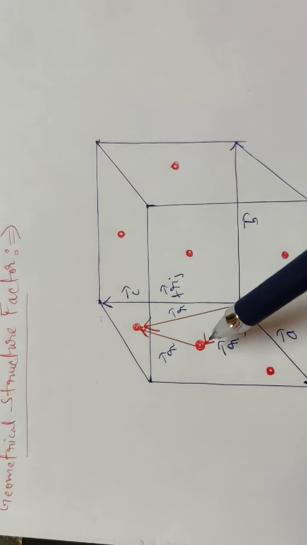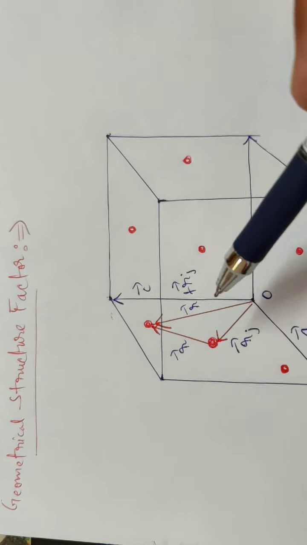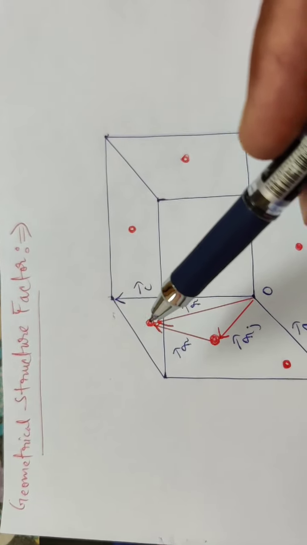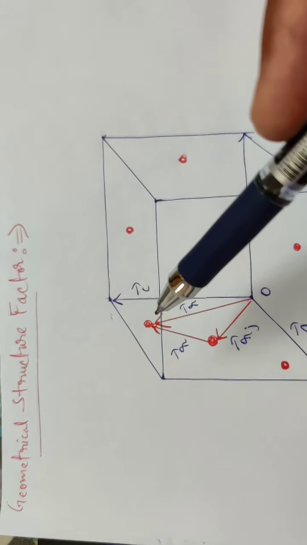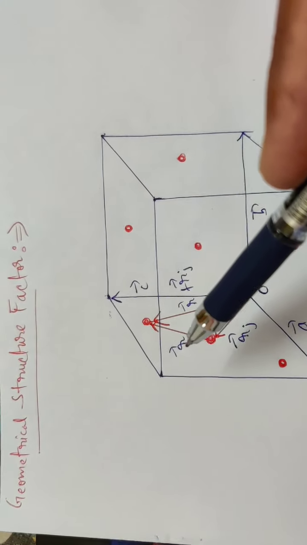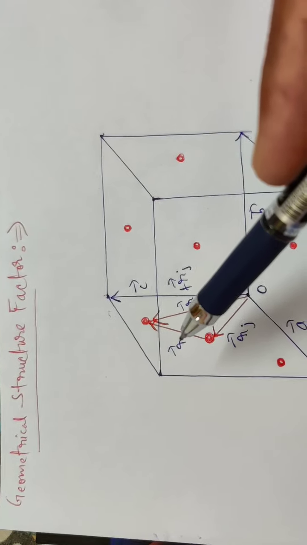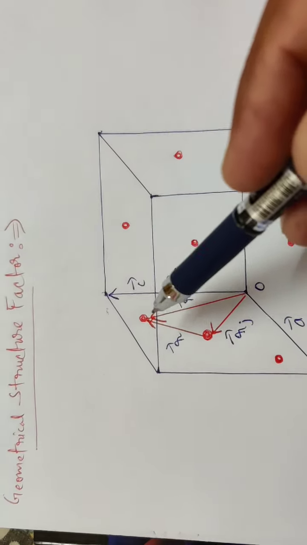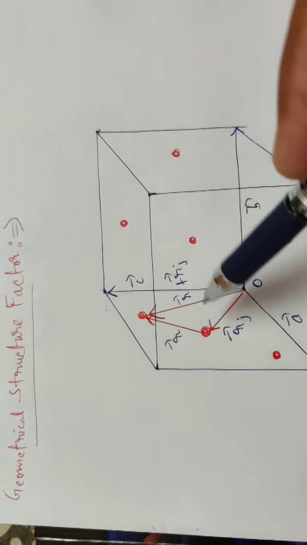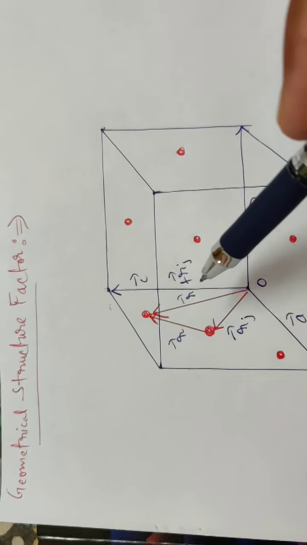The position of this jth atom is Rj. Now from Rj we arbitrarily choose one particular atom, and the position from the jth atom to that particular atom is the vector r. So this will be r plus rj, the resultant position vector.